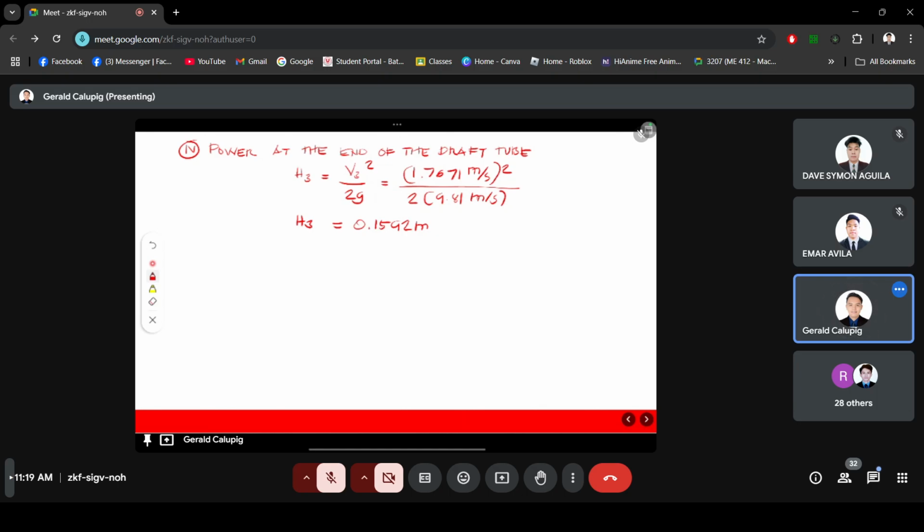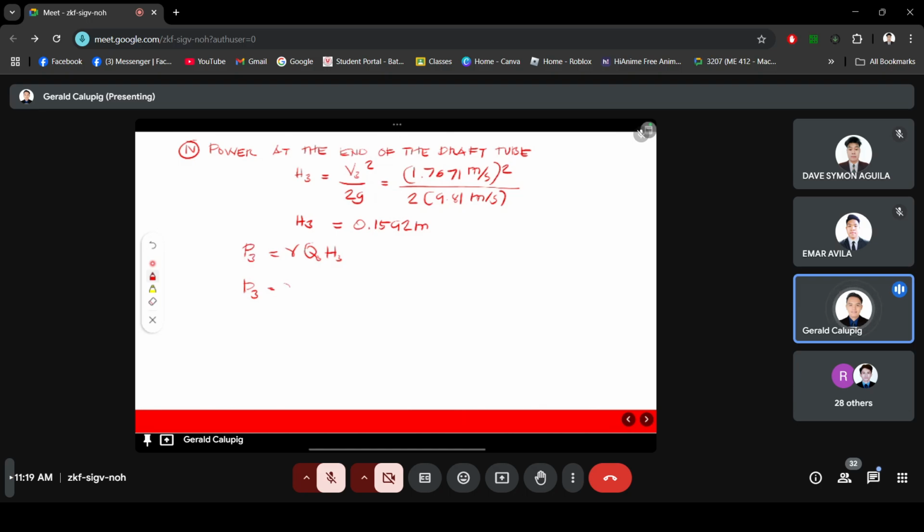Since we already have the value ng ating head at the end of the drop tube, we can substitute that to the formula of our power. No, power is equal to specific weight times Q times H. We are going to use the Q3. Okay, P3 is equal to what?